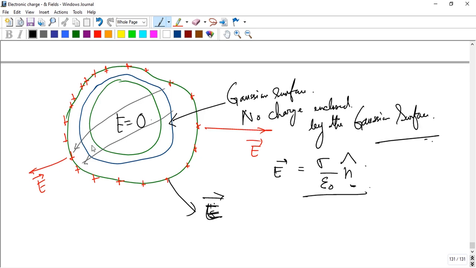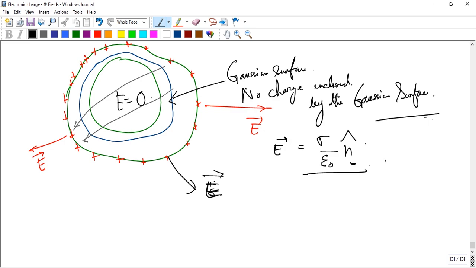From Gauss's law, the flux phi equals the charge enclosed q over epsilon naught.